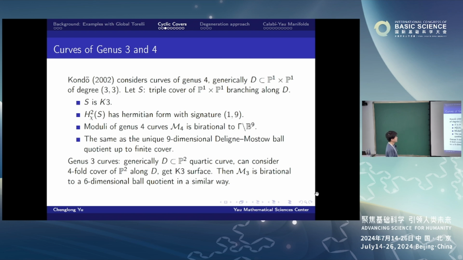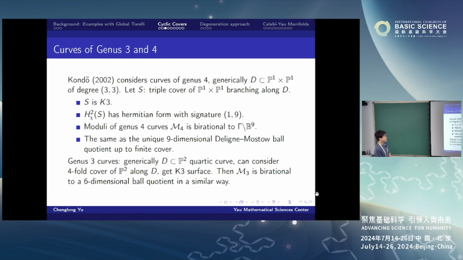Kondo considers a moduli space of curves of genus 4. From well-known theory about low genus curves, we see that if you consider the canonical embedding of a genus 4 curve, it will be mapped to P3.